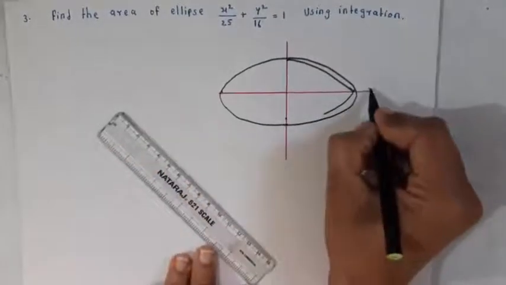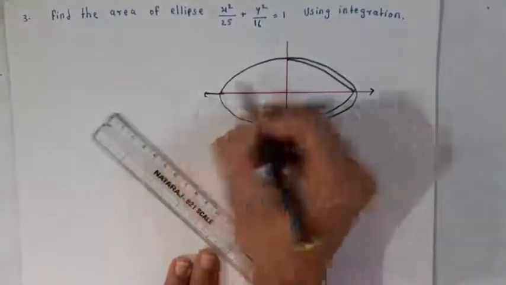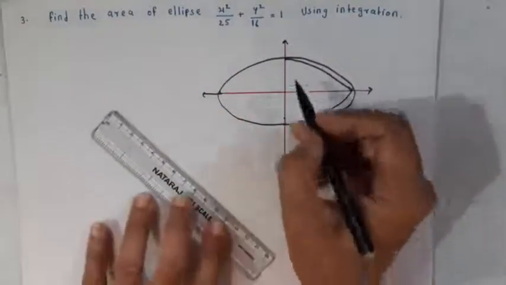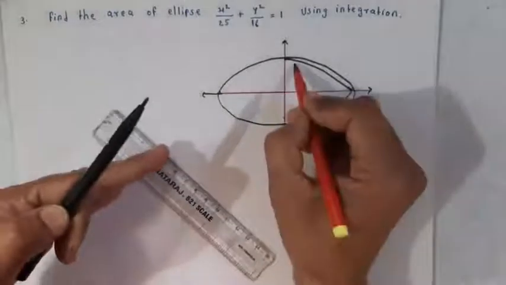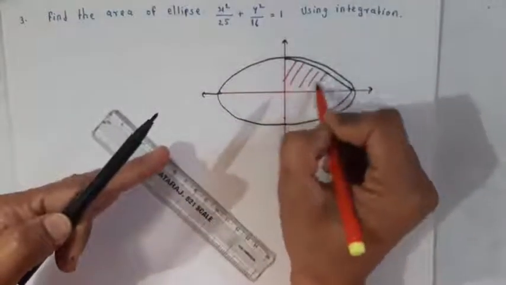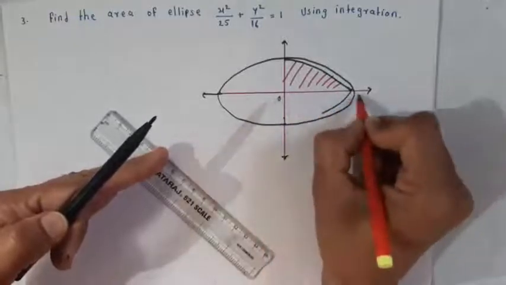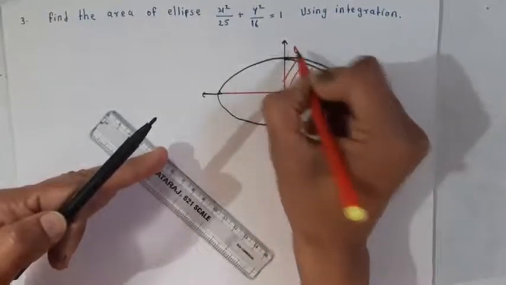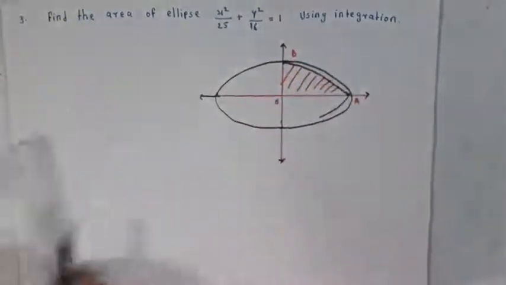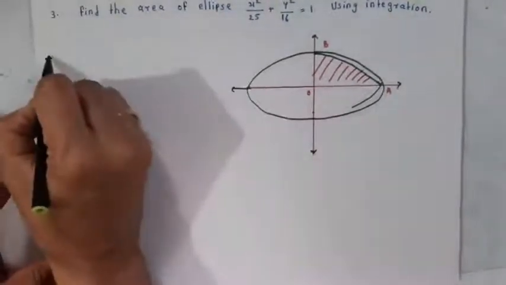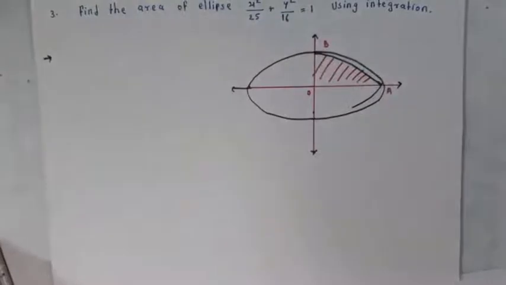We have to find out the total area of ellipse. First, let us find out the area in the first quadrant, that is suppose OABO, just like as a circle. Just as we have solved the problem of area of circle, the same type we have to solve.